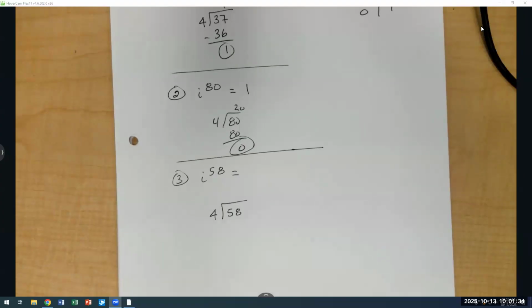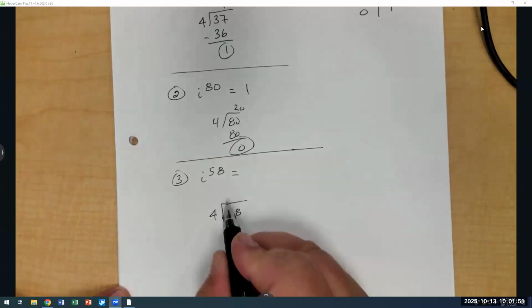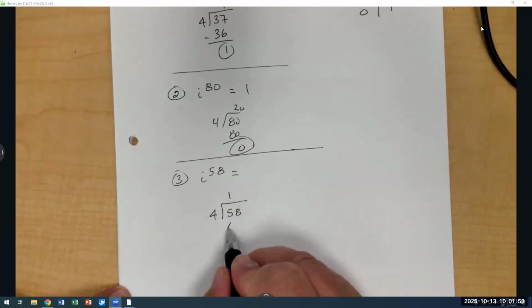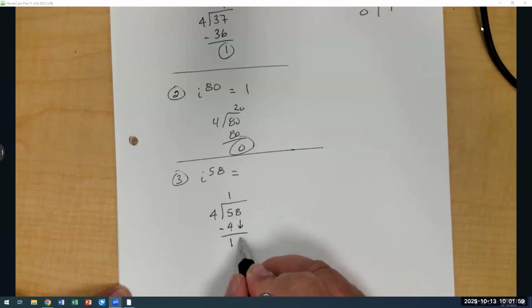Now, this would be a perfect time for you to start practicing your basic math skills. Don't use a calculator. Use your calculator to check your answer instead of doing the work for you. So 4 goes into 5 how many times? 1 time. So 1 times 4 is 4. Subtract them, you get 1. Bring down the 8.